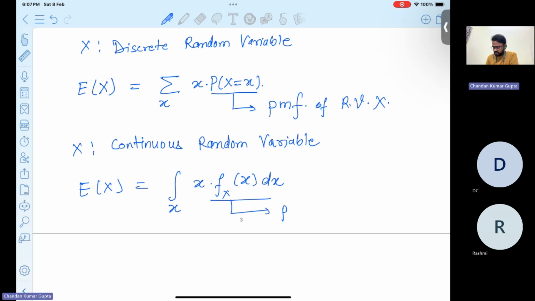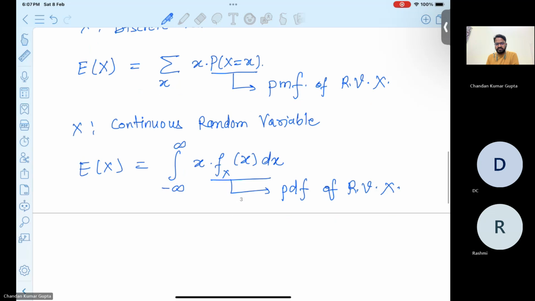Here, f is the probability density function of the random variable X. The value of x can range from minus infinity to infinity or some other values.